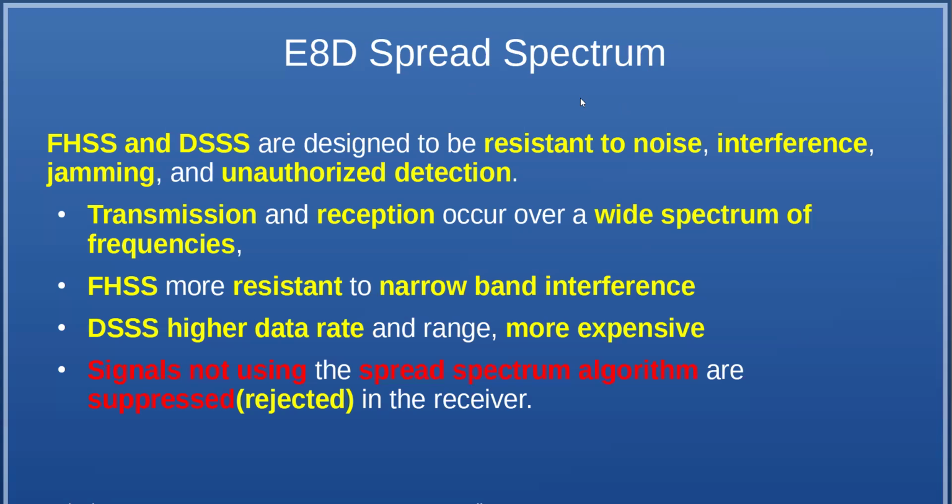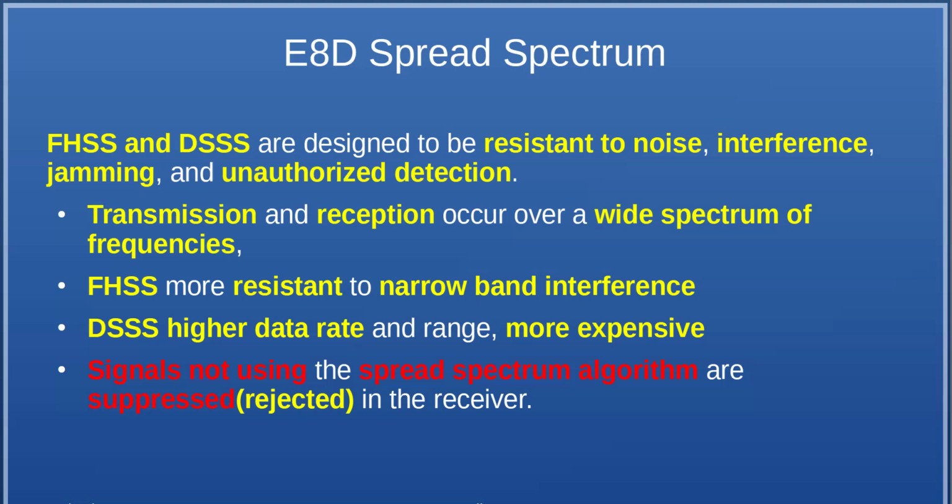They're more resistant. People can't decode it if they don't know the Barker code or the sequence. I guess frequency hopping, because of the width of the spectrum, I think is why this is going to be more resistant to narrowband, because it's so much wider, whereas you get a higher data rate with direct sequence.